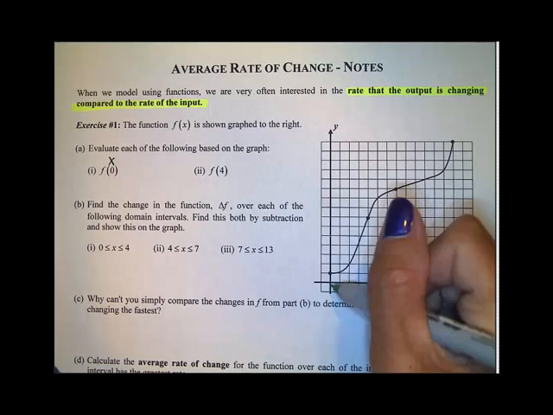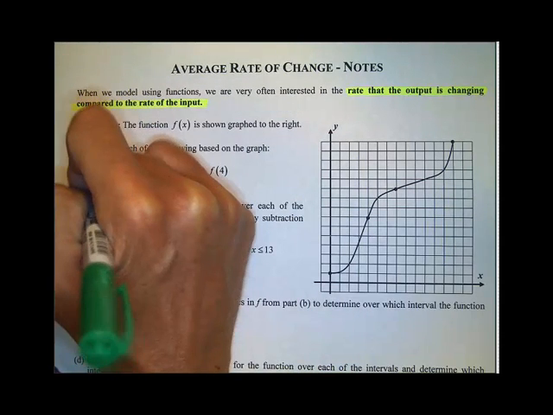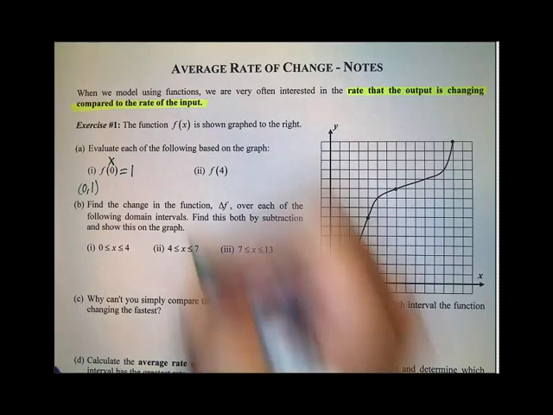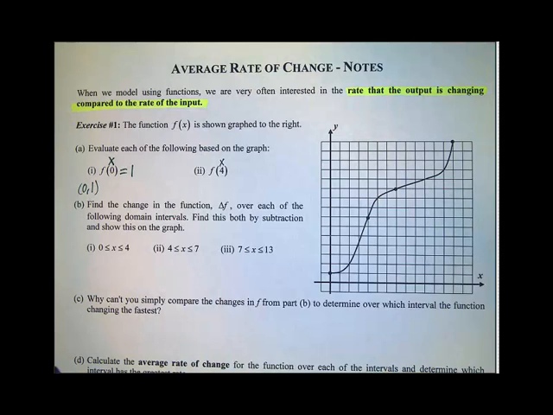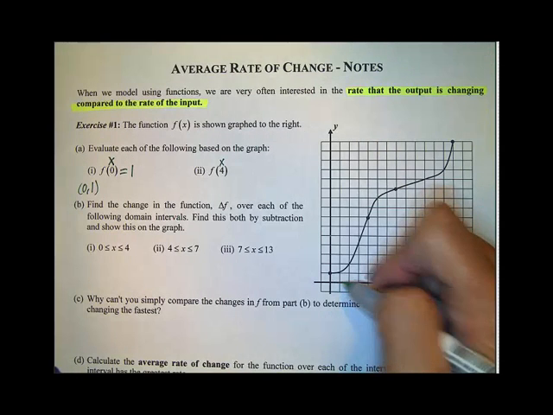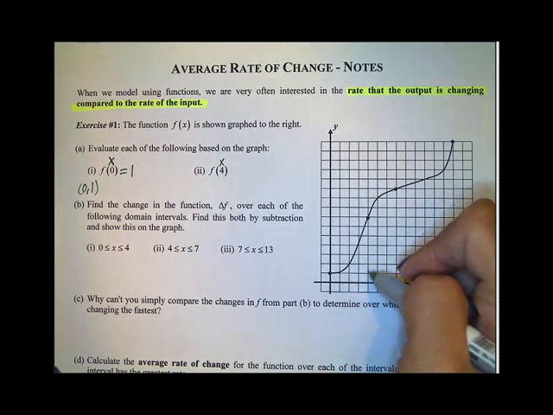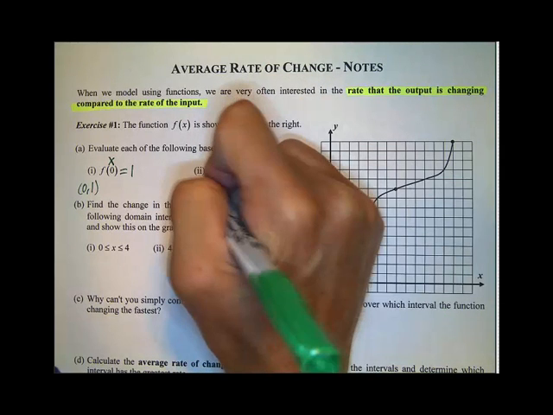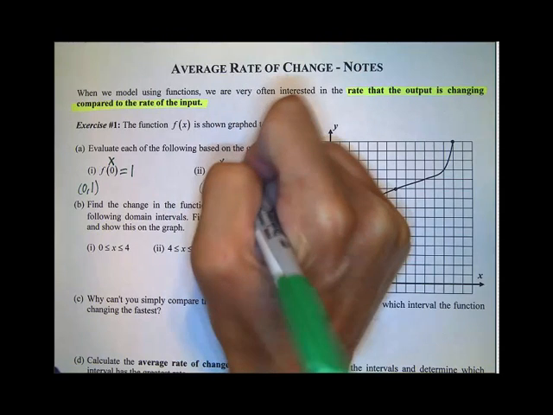This is the ordered pair (0, 1), so f of 0 equals 1. Then we go to f of 4, and again, 4 is your x value. Our answer is (4, 7), so f of 4 equals 7.